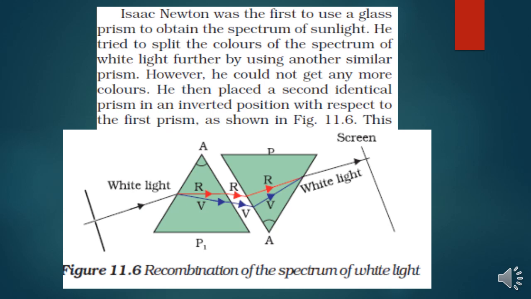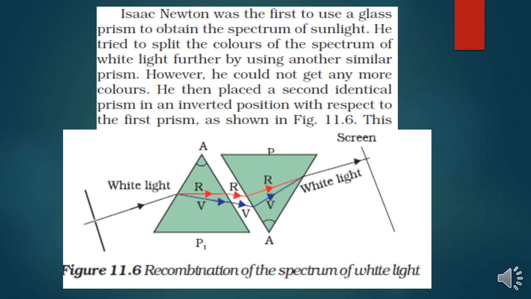On the left prism, white light is made incident. When white light is incident at that point, it undergoes refraction, and on the opposite face you will get a spectrum of 7 colors. Here only 2 colors, the topmost and the bottommost, are shown in the diagram, where R stands for red, which undergoes minimum deviation, and V stands for violet, which undergoes maximum deviation.